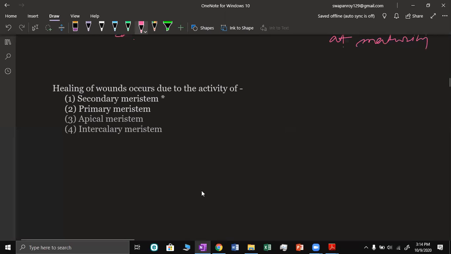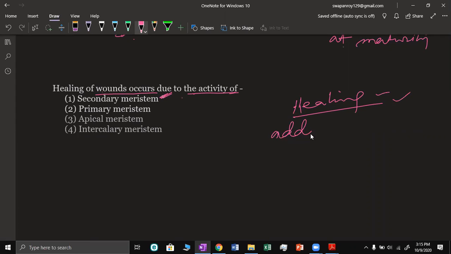Next one, come to that: healing of wounds occurs due to the activity of... Healing of the wounds, the injured portion, how is it done?